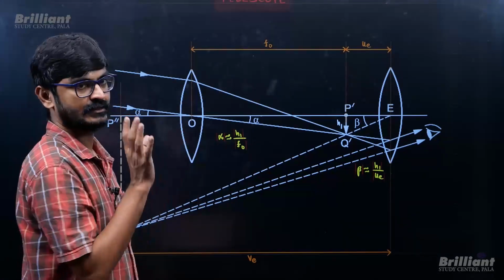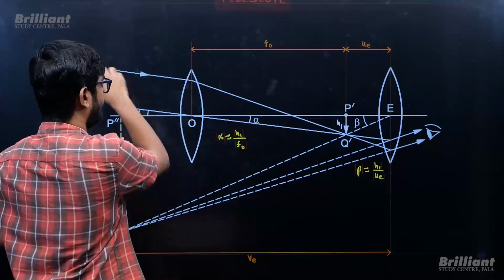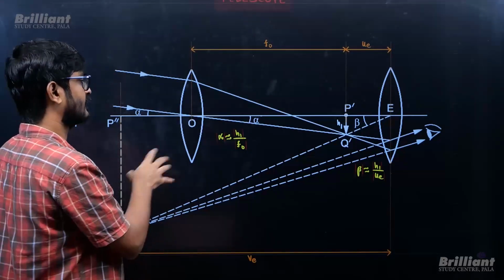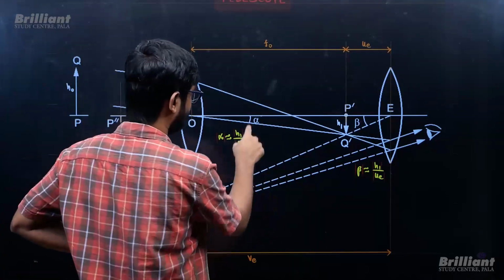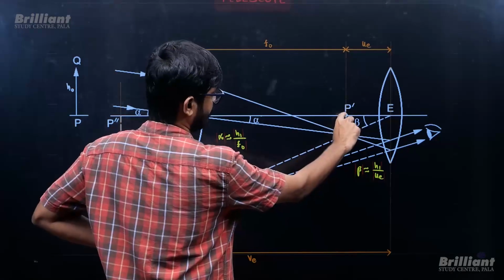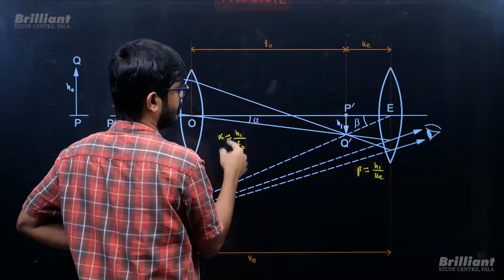If none of the instrument is there, then the rays will be coming like this. For your eye, this is the angle subtended. So without any instrument, the angle subtended is alpha. From this particular figure, if this is alpha, this is also alpha, and this is h1. So alpha will be h1 by f naught.